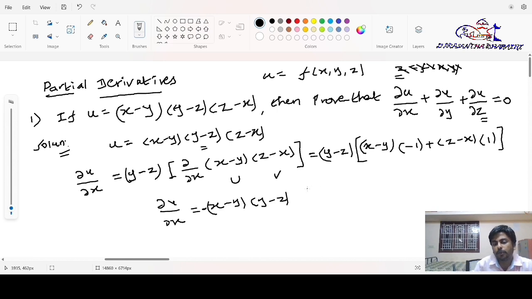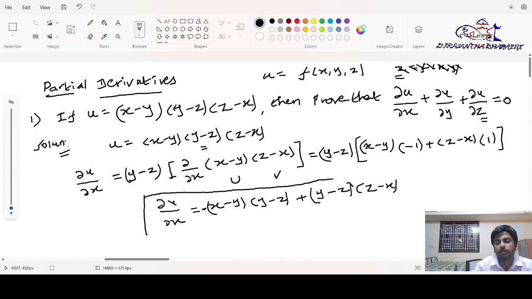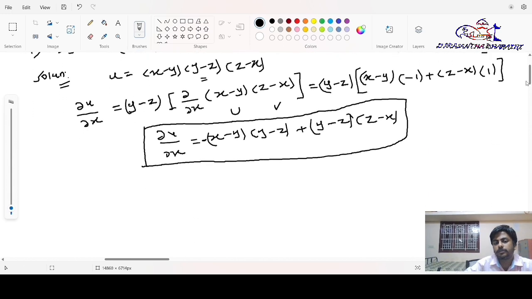Minus of (x minus y) into (y minus z) plus (y minus z) into (z minus x). Always write in the order x, y, z, so that it will be easy for us to cancel. So this is our dou u by dou x.